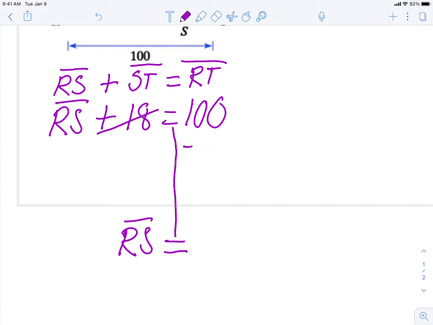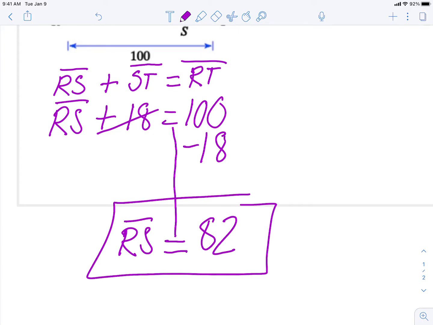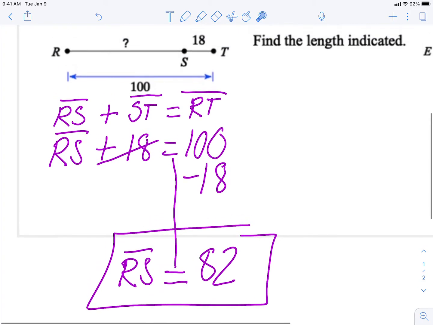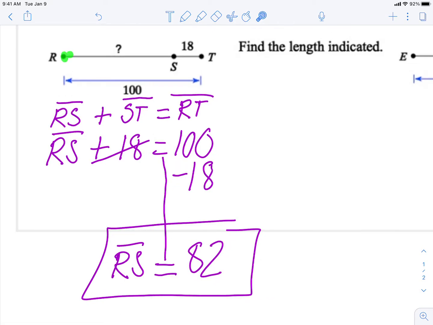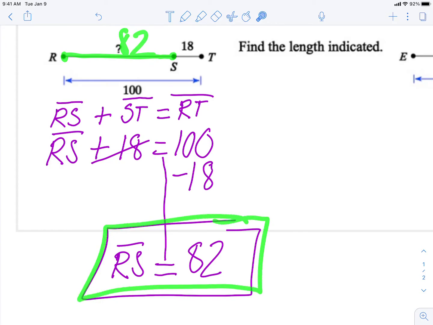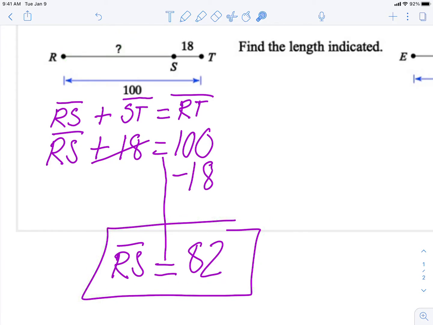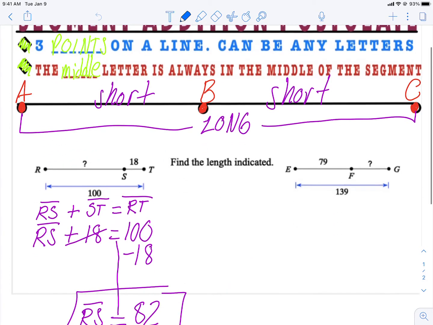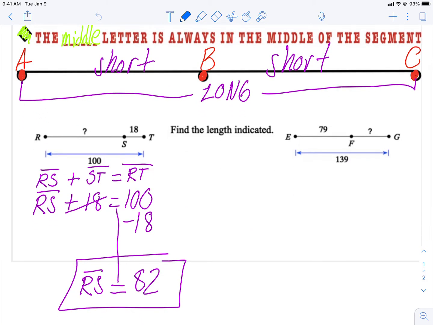So I cross that 18 and bring it over. 100 take away 18 is 82. So that is my solution. That's how long RS is. From R to S is 82, RS is equal to 82. All right, so that was that example.